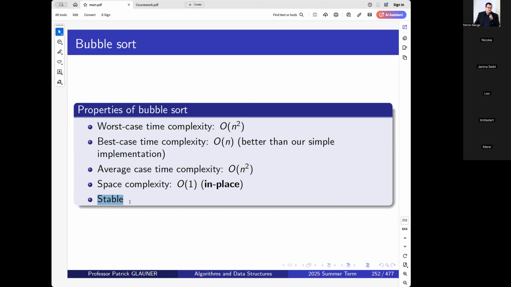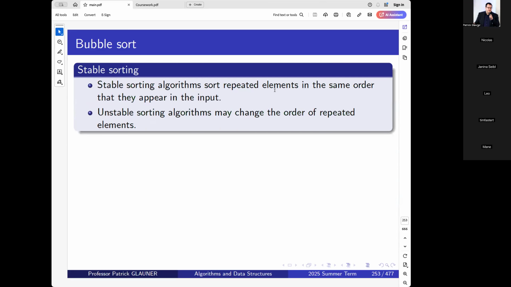And the algorithm is stable. Now you're wondering, what is a stable sorting algorithm? Let's discuss this. When we have a data set that we are sorting, and we have duplicate values in there, so repeated elements. Imagine the data set from before, we had a 2 in there.